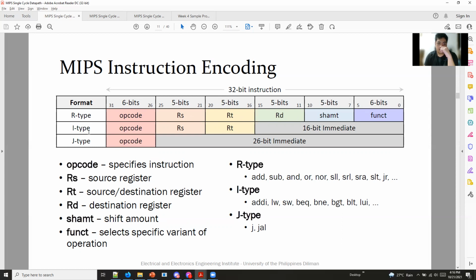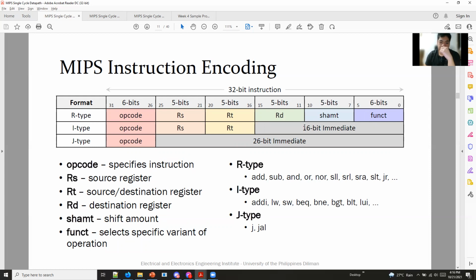And for I-type naman, the I means immediate, and immediate is something na immediately na alam ng processor, which is a constant basically. So pag naglagay ka ng straightforward number doon sa iyong instruction, doon siya mapupunta sa immediate na field.